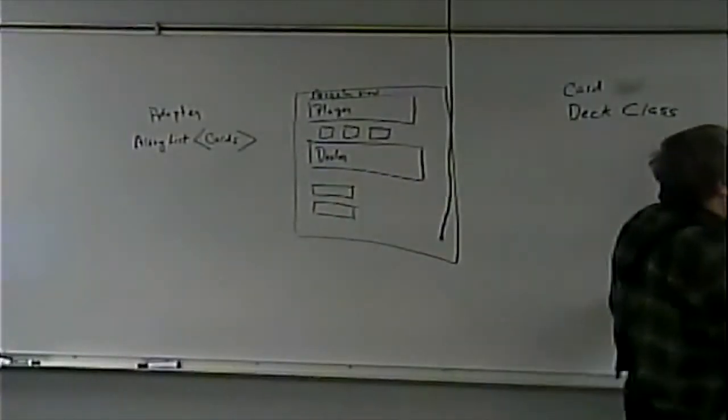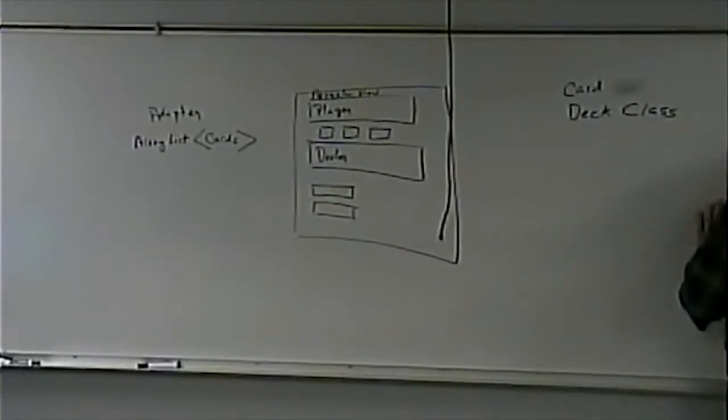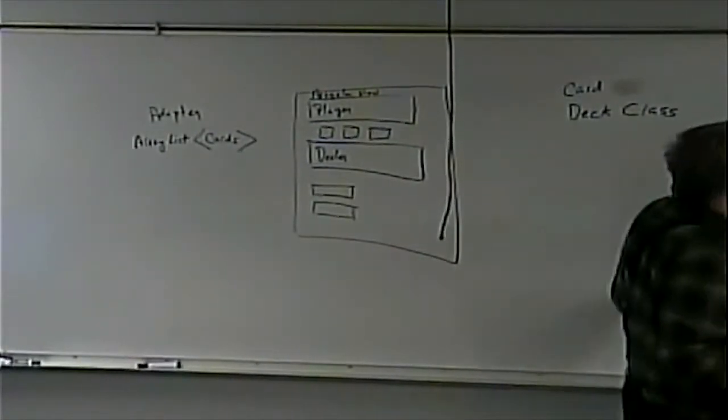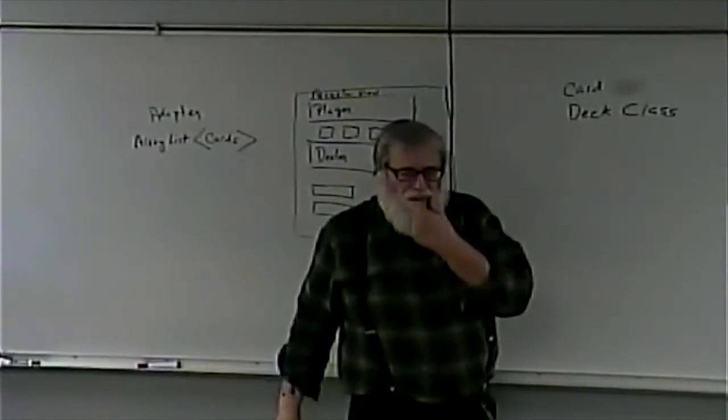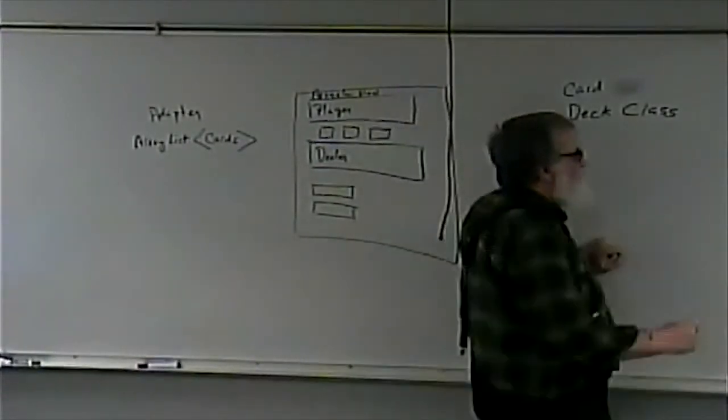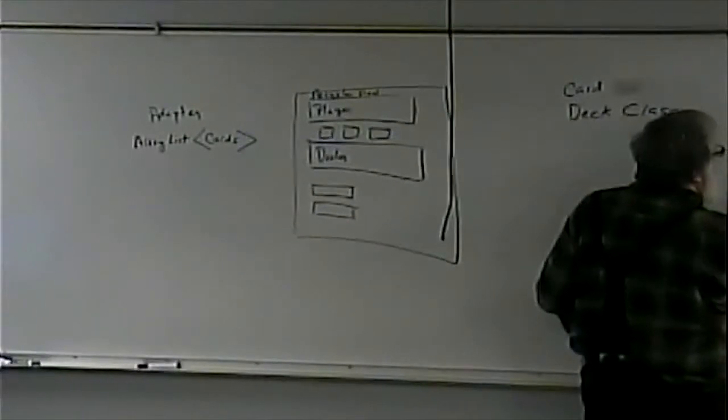So it's going to accept as an argument an array list of cards. And what's it going to return? What's the return value going to be? Integer. Sounds good.